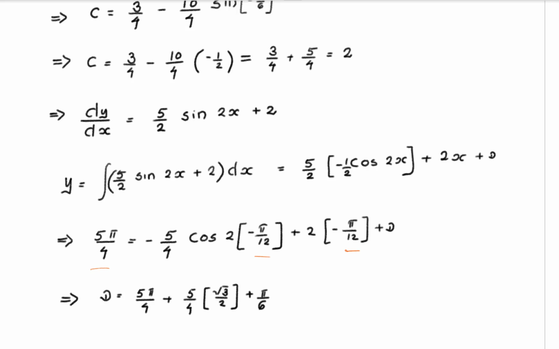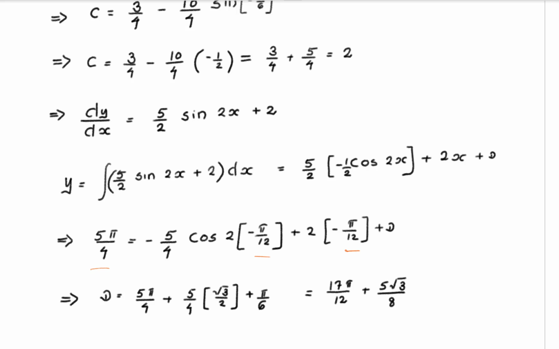Now let's further simplify, Amrita. Pi by 6 and 5 pi by 4, we can take together and simplify. The other two terms we can multiply and simplify. So you will get 17 pi by 12 plus 5 root 3 by 8.